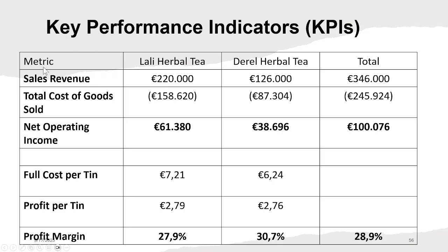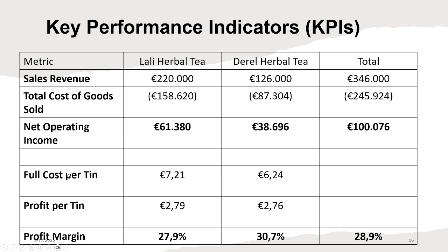In the first part, we have metrics about the quantity, the amount of the whole production, the sales revenue, the total cost of goods sold, and the net operating income for the Lally Urban Tea, Durant Urban Tea, and the total, right? You can see that the company did very good business because the net operating income is positive for each product, and we have 100,076 euro.